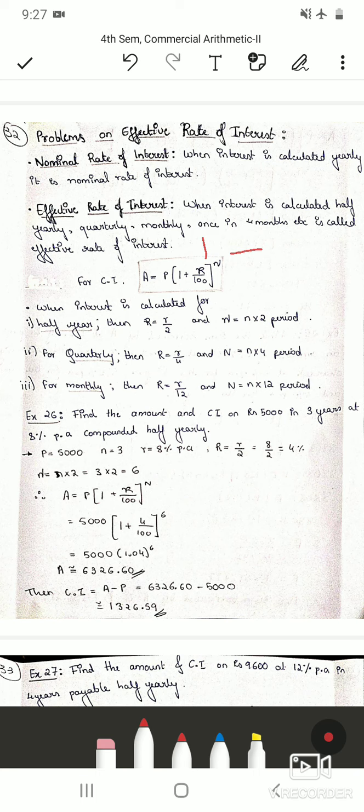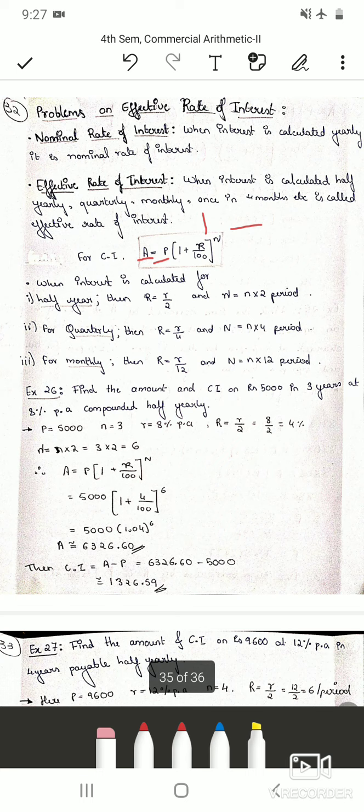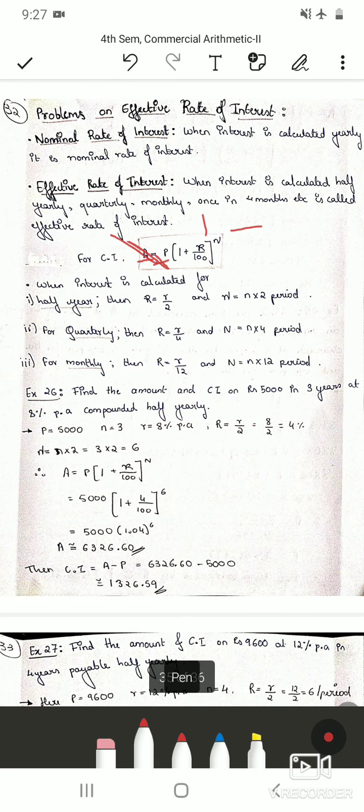So we will see what is this capital R and what is this capital N. A denotes the amount and P stands for the principal amount, so that is unaltered. The only change is rate and period. Suppose the interest is calculated half yearly, then your capital R will be small r by 2 and capital N will be small n into 2 periods.